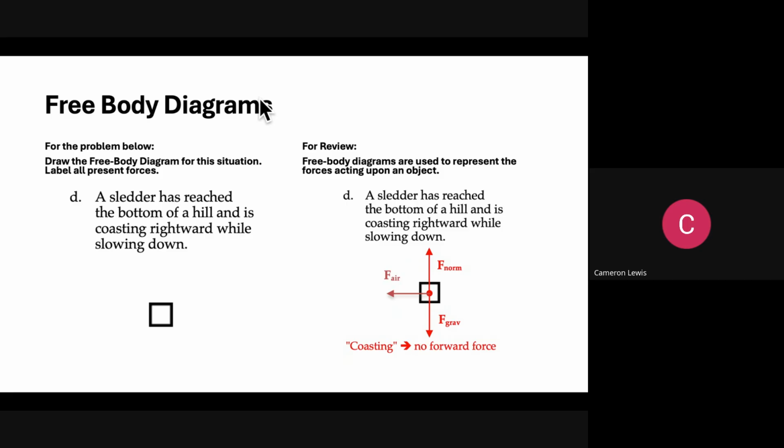But if normal force was winning, let's just say some force was winning above, beating gravity, what would happen? Think of Michael Jordan. He would overpower it. So the normal force would overpower the gravity. And then what would happen?